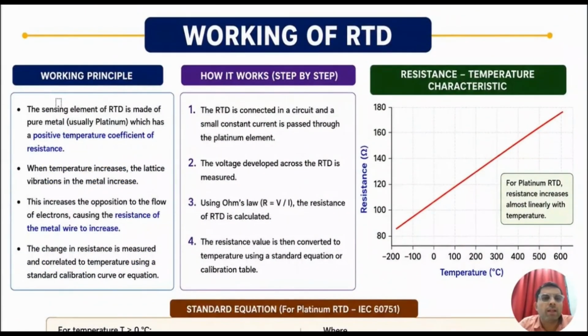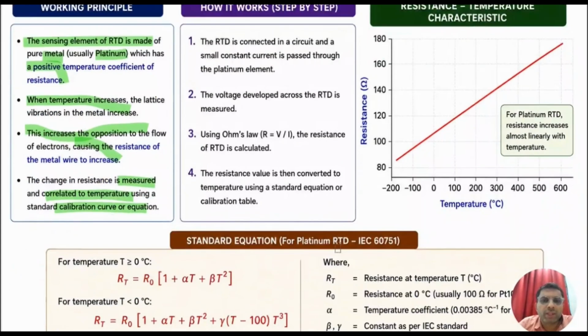So what is the working principle? The sensing element of RTD is made up of pure metal, usually platinum, which has a positive temperature coefficient of resistance. When the temperature increases, the lattice vibration in the metal increases, and this increases the opposition to the flow of electrons, causing the resistance of the wires to also increase. The change in the resistance is measured and correlated to the temperature using the standard calibration curve or the equation. Which equation are we using in the RTD?